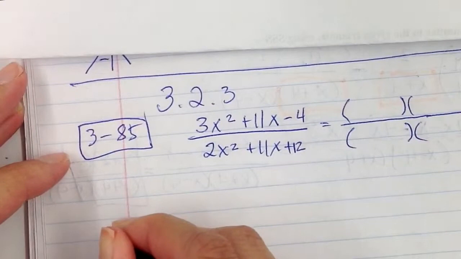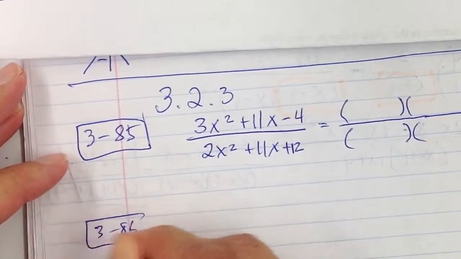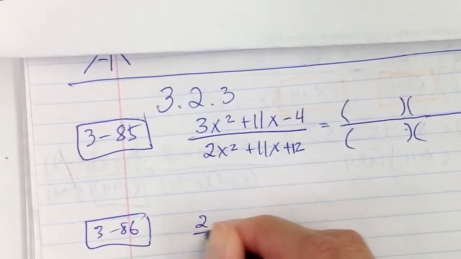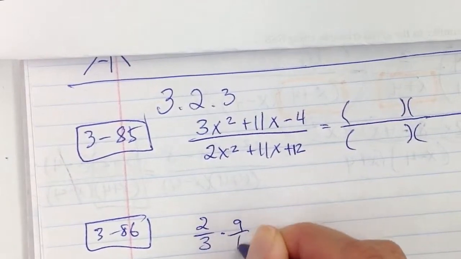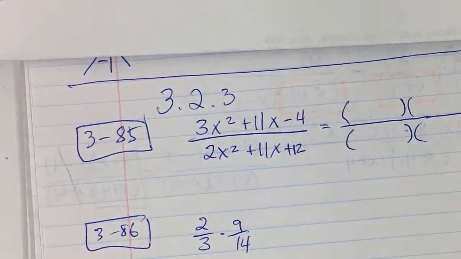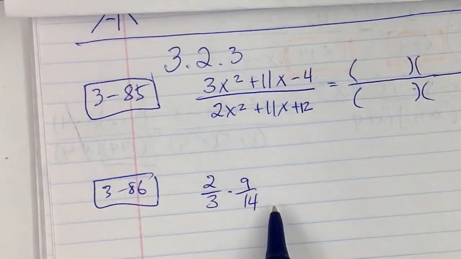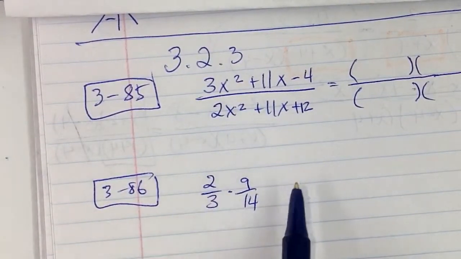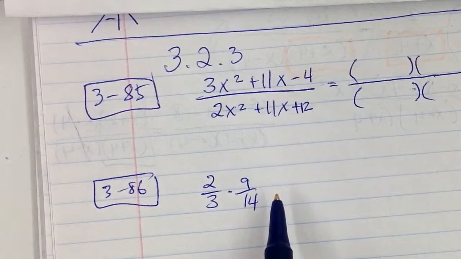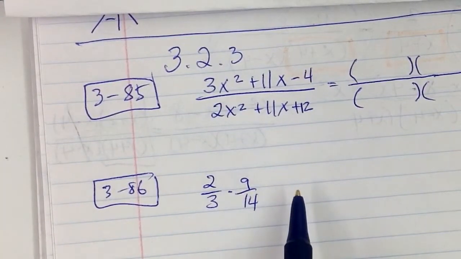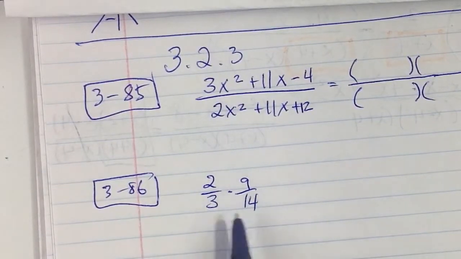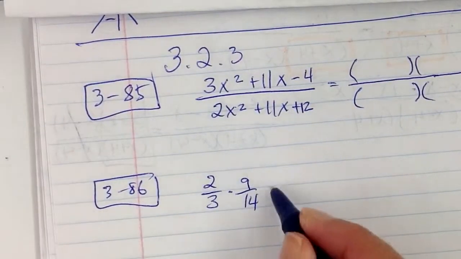So 3-86 said, hey, let's multiply 2/3 times 9/14 without a calculator, of course, right? You could multiply straight across, because that's how you multiply fractions, but you would want to do something before you multiply straight across that would greatly simplify this problem, right? What could we do to this problem before multiplying straight across?